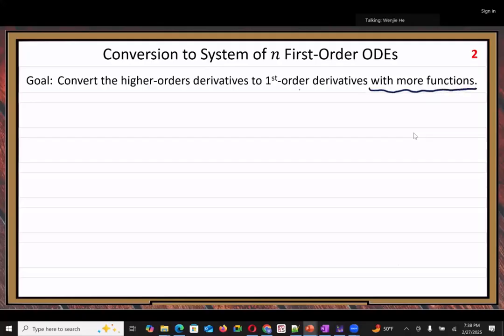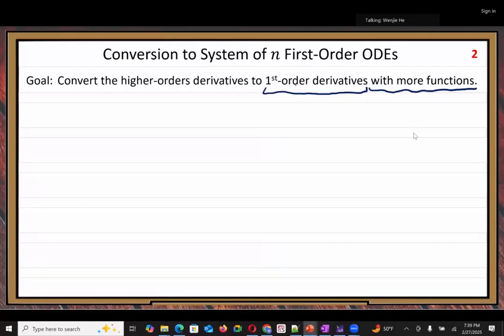Because here, nothing is free, right? When you solve difficult problems, nothing is free. Because you make the higher order ODE into a first order ODE, but you have to pay somewhere else.